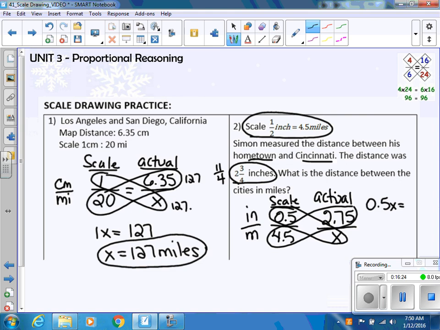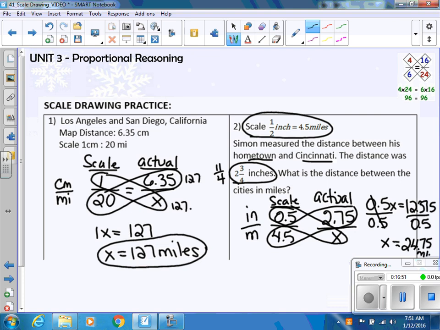And then I have 4.5 times 2.75, and I get 12.375. To solve, I divide by 0.5, and I'm dividing by the number with x. Those cancel, and I'm left with 24.75 miles. And again, just plug it back in, make sure it makes sense.